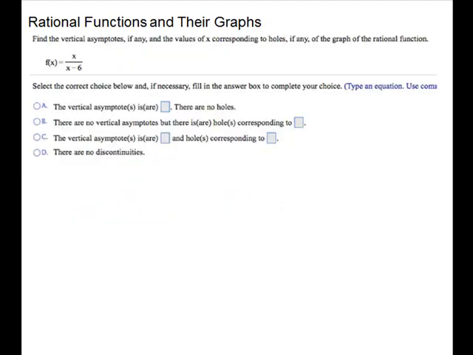Right, this problem is one from our software, and it asks us to find the vertical asymptotes, if any, and the values of x corresponding to holes. We'll talk about holes in a little bit, so now we're just going to say there are no holes. But all we have to do is set this denominator equal to 0.